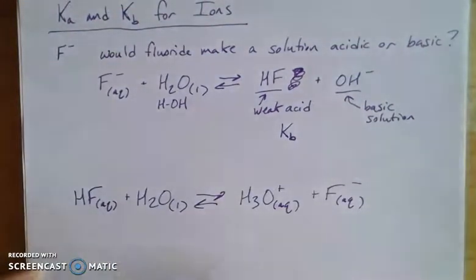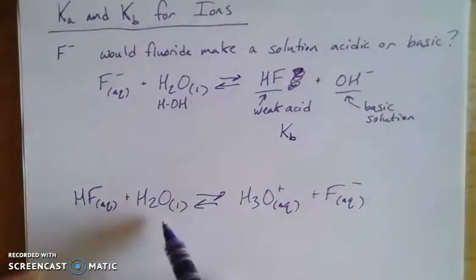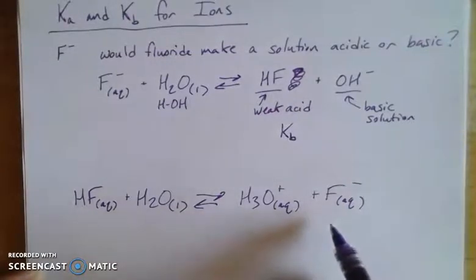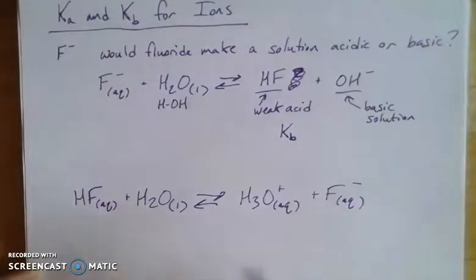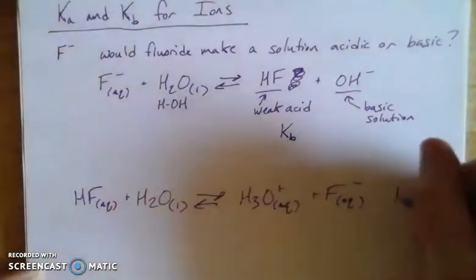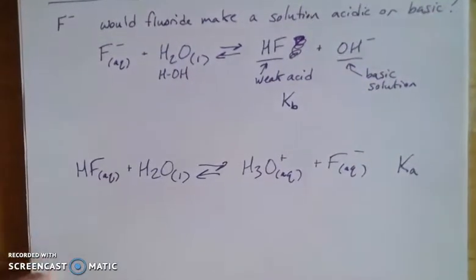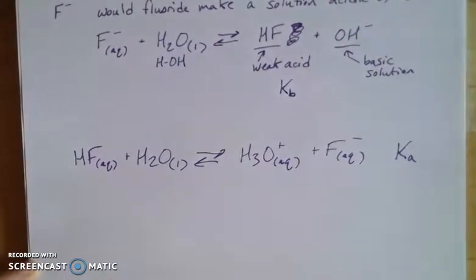Now this looks very similar to what we've talked about before: there's a weak acid in water, it's going to dissociate, but at the same time, because it's weak, this hydronium and the fluoride are going to react together and reform my hydrofluoric acid and my water, and there's going to be a specific Ka value associated with this equilibrium.